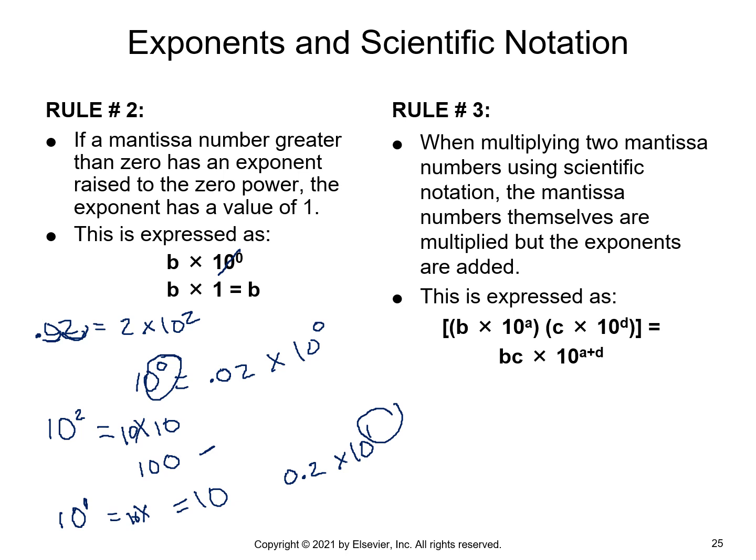right. Our next rule: when multiplying two mantissa numbers using scientific notation, the mantissa numbers themselves are multiplied, but the exponents themselves are added. So you multiply the number but add the exponents. So in this example, you've got 10 to the a power, 10 to the b power.